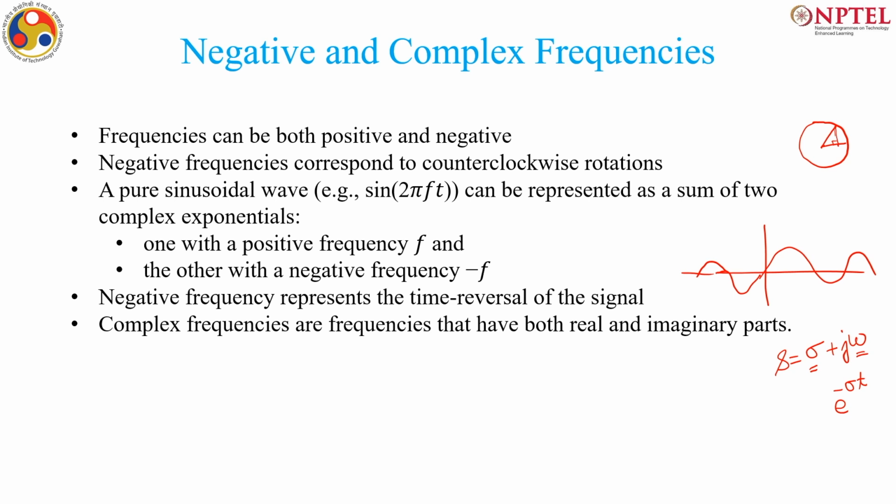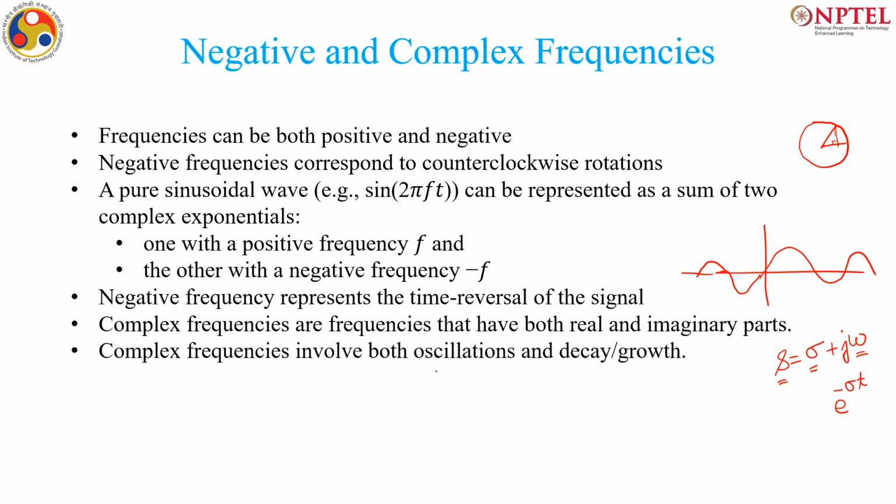So, you force a signal which is not absolutely summable or integrable to become absolutely summable or integrable, and that creates a plane, the S plane, instead of an axis. So, this is bringing the concept of complex frequencies. That is, the complex frequencies will involve both oscillations and a decay or growth.